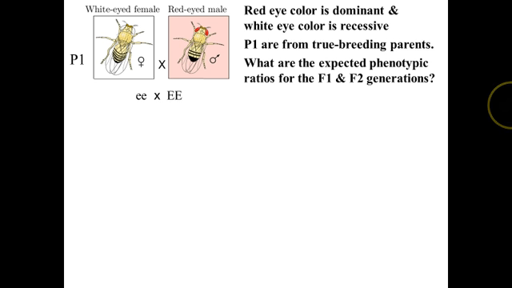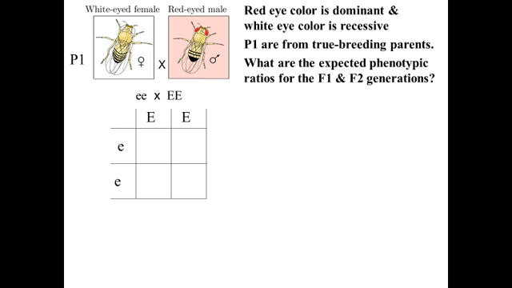We start off by knowing the genotypes of the parents. Since they came from true breeding parents, it's reasonable to assume that the female, since she has white eyes, is little e, little e, because white eyes are recessive. The male came from true breeding parents, so he is big E, big E. The next step is to find out what gametes they can produce, so we simulate meiosis.